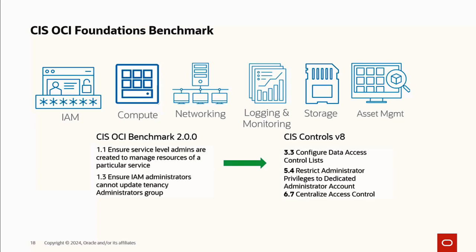So if someone is trying to be PCI compliant, it might be the case that the CIS landing zone is covering maybe 80, 85, 90% of those requirements. So it essentially jumpstarts everyone that's trying to be compliant with some industry framework.